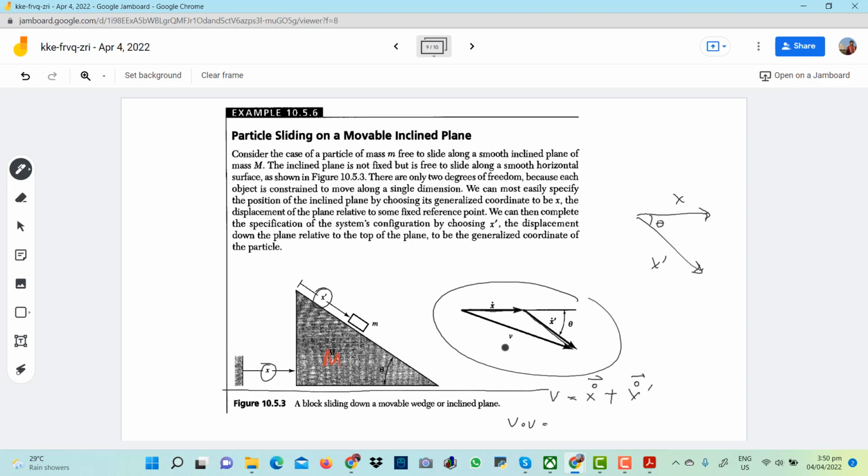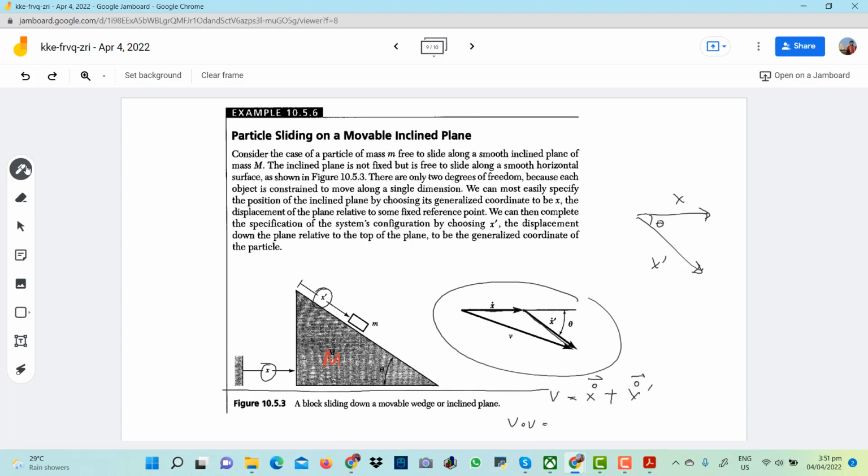x dot square plus x dot prime square plus 2x. Let me try that. Vectorially, my v is actually equal to this: vector x dot plus vector x dot prime.